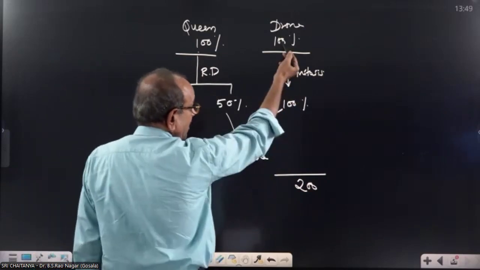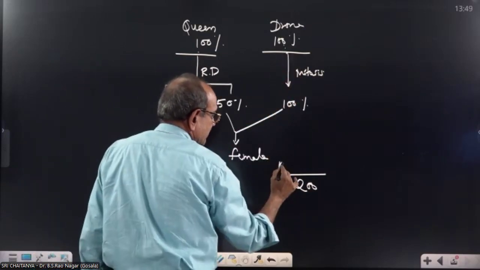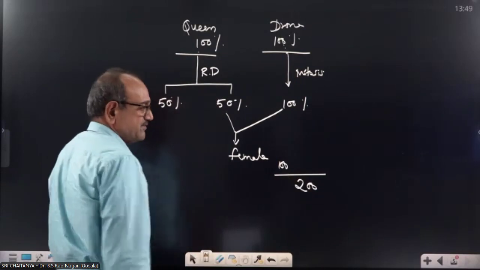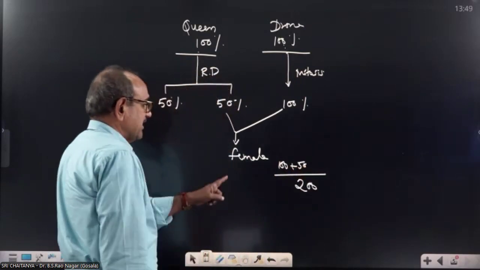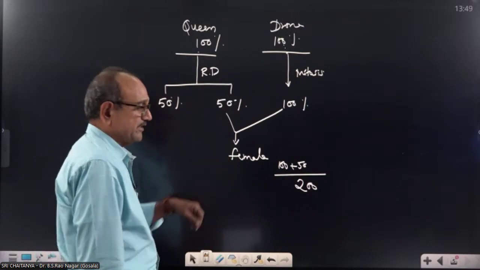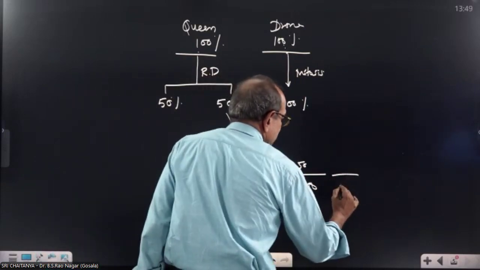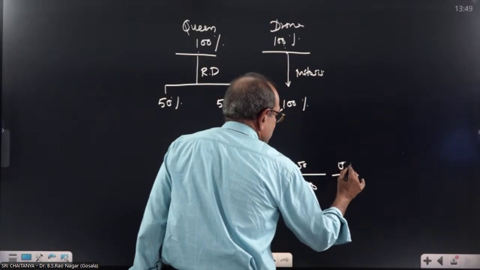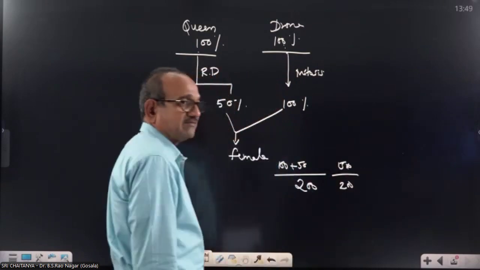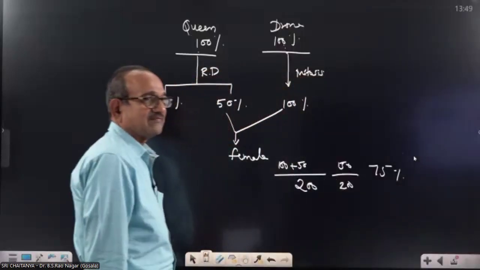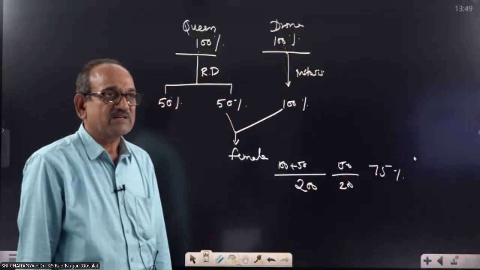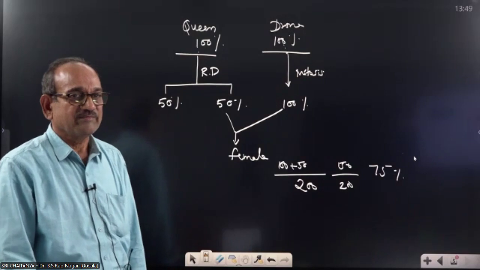Then all 100% of paternal genes and 50% of maternal genes are inherited by the female. That is, out of 200, 150 genes are shared, meaning 75% of genes are in common.